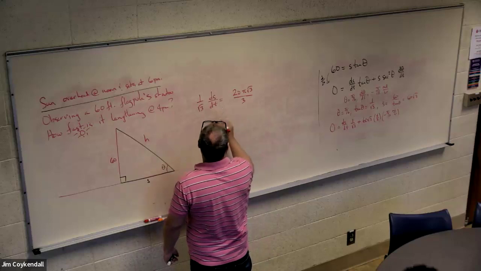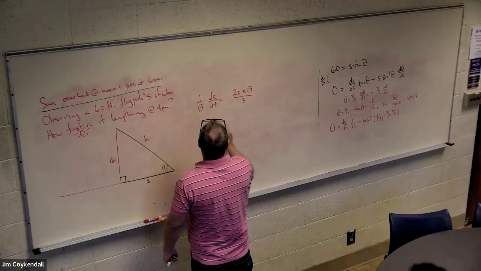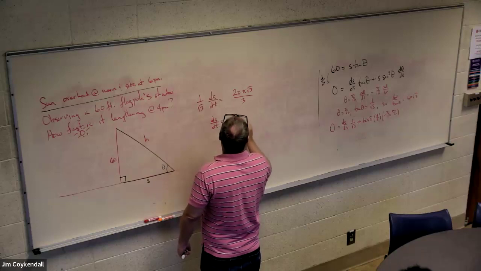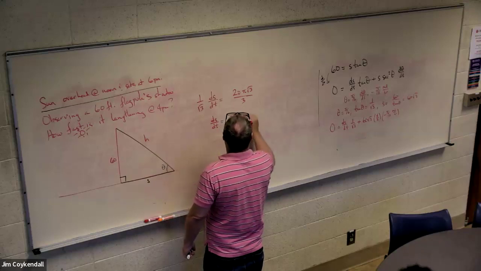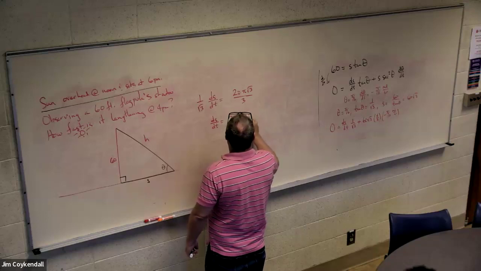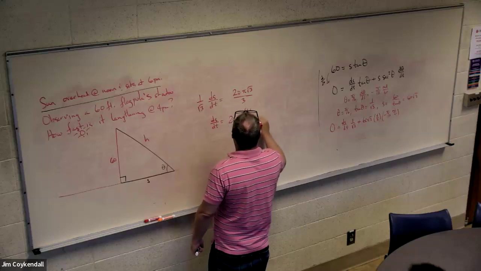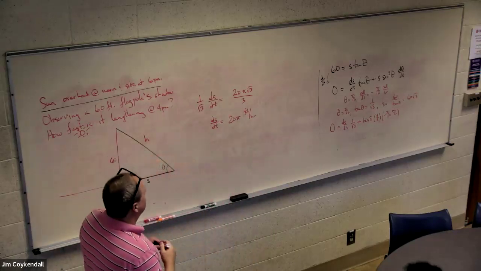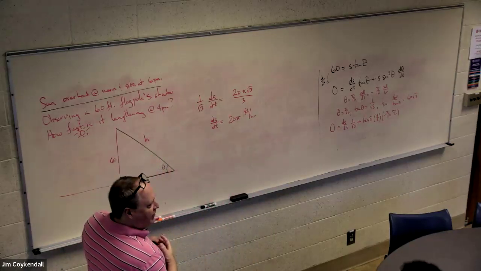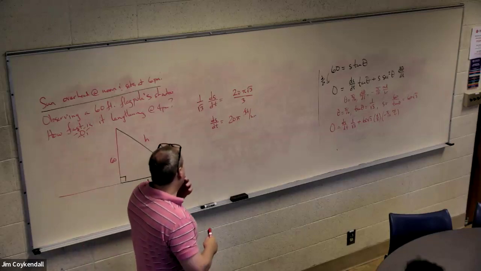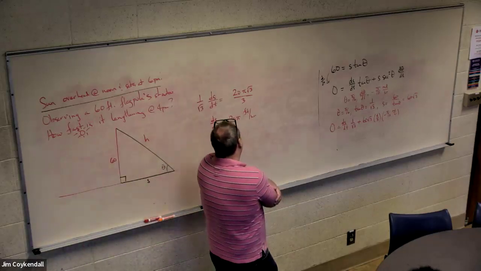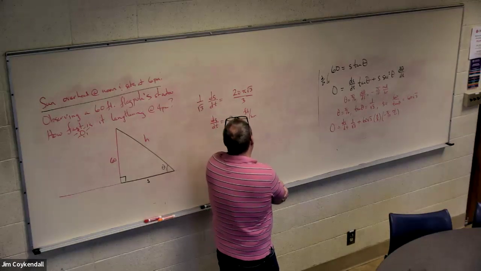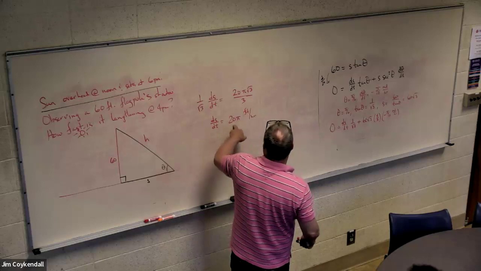Multiply that back. I get S T. A little over 60 feet per hour, but it's growing at that point. So that means divide that by 60.